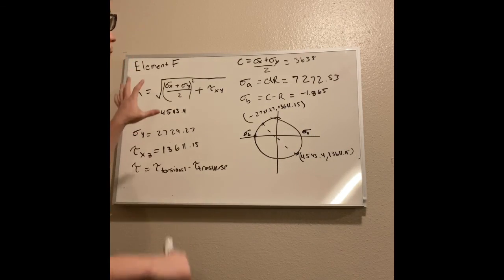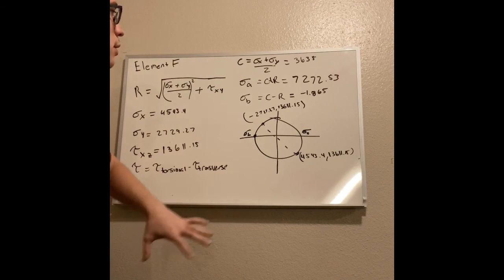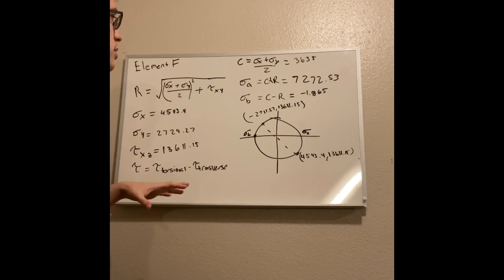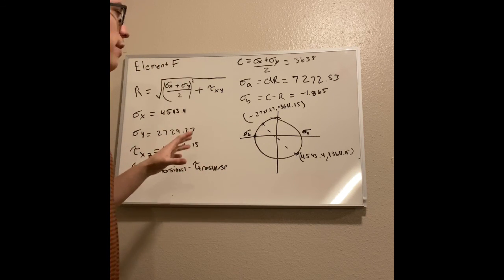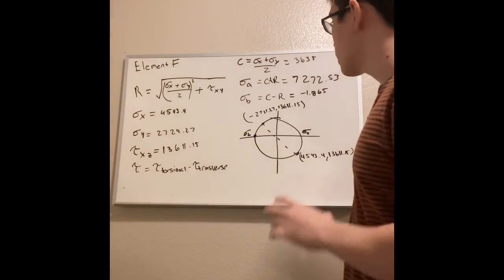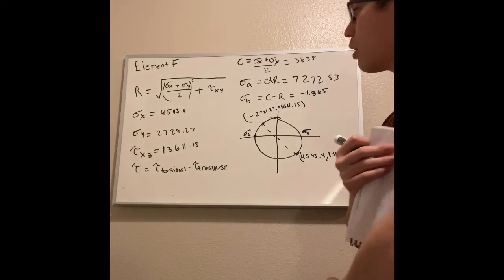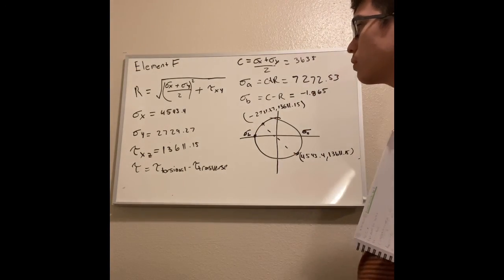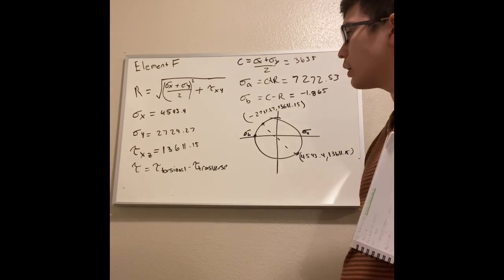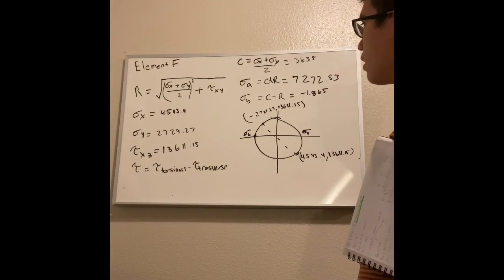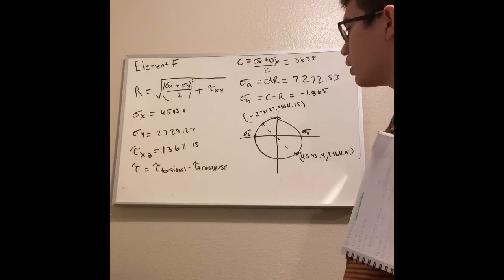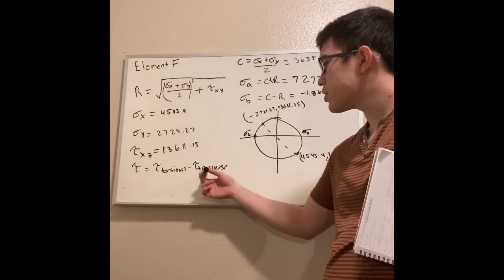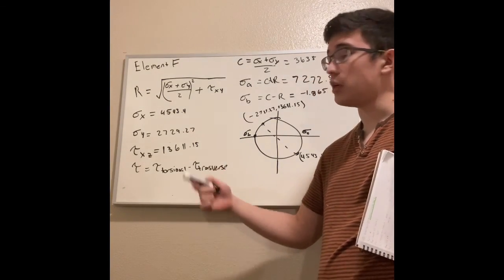For element F, again, we have to calculate all the same things, and now we have to focus on the XY plane instead of the XZ plane. And so we have different stresses along this plane as opposed to the E plane. In the F plane, we have a transverse shear, which we didn't in the E element.